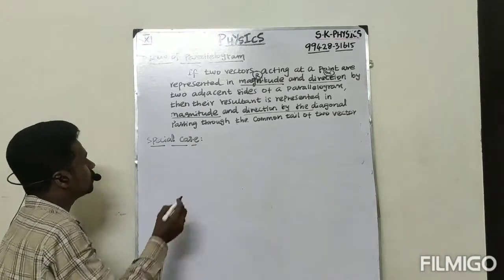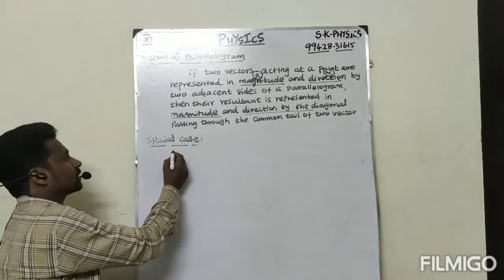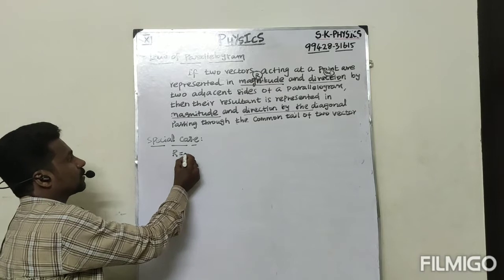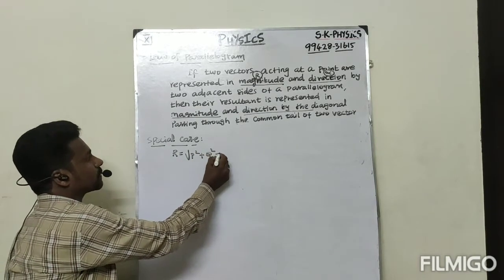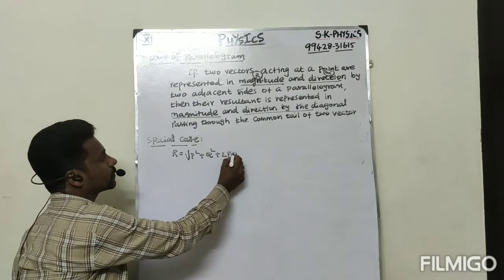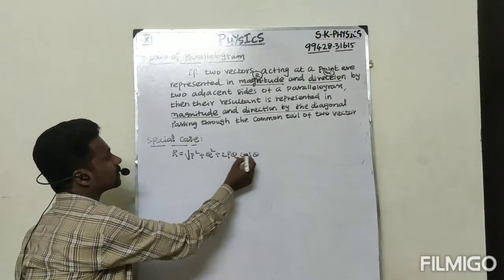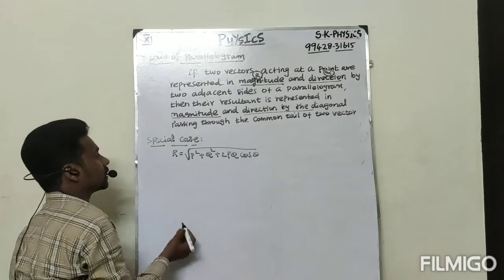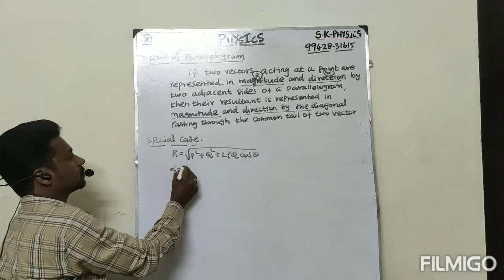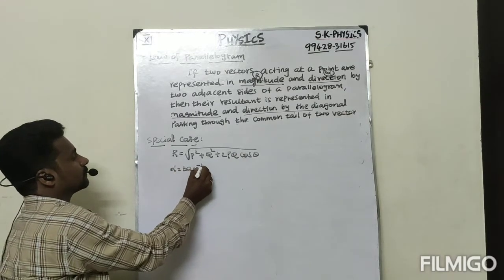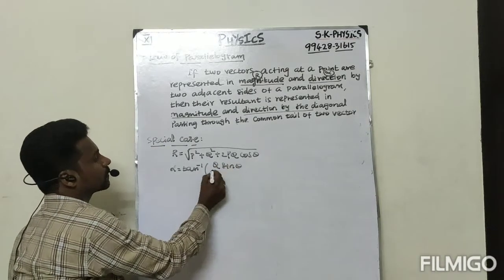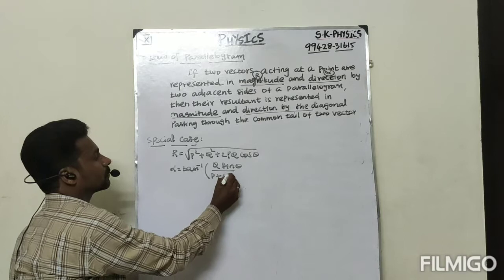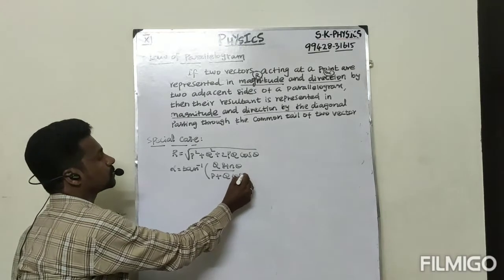Okay, so we know very well the resultant value, that is R is equal to whole root of P square plus Q square plus 2PQ cos theta. Then another one, alpha is equal to tan inverse of Q sin theta divided by P plus Q cos theta.